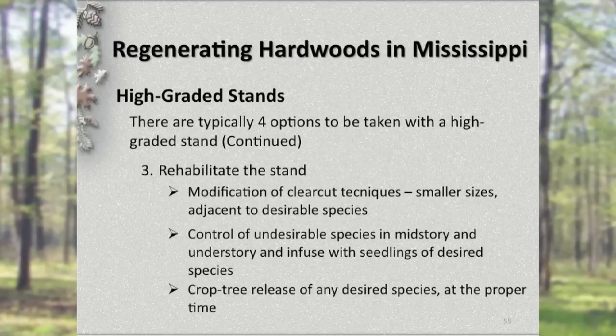Secondly, we want to control our undesirable species in the mid-story and understory, and then infuse it with seedlings of the desired species, but not at the rate that you would do a plantation. So it becomes a hybrid scenario between natural regeneration, getting advanced regeneration seedlings, and actual artificial regeneration and plantation.